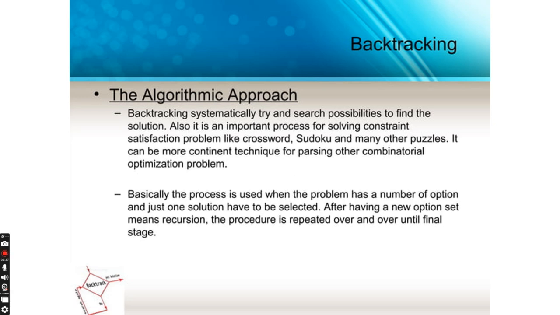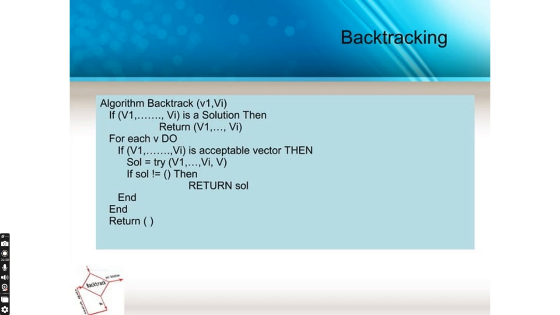Basically, the process is used when the problem has a number of options and just one solution has to be selected. After a few options are set, it uses recursion. The procedure is repeated over and over until we find the final solution. So this is the backtracking algorithmic approach.